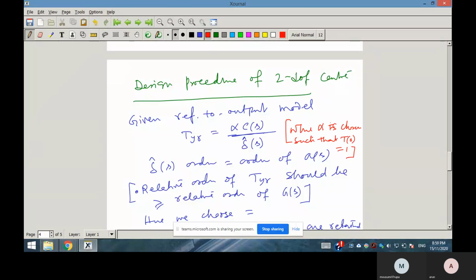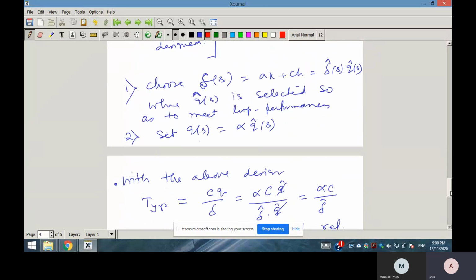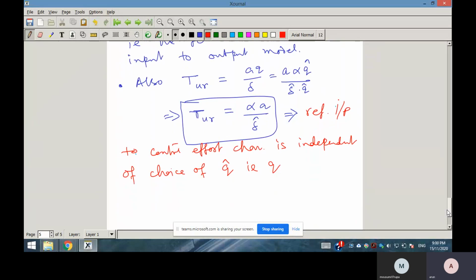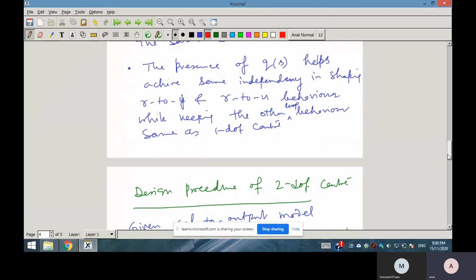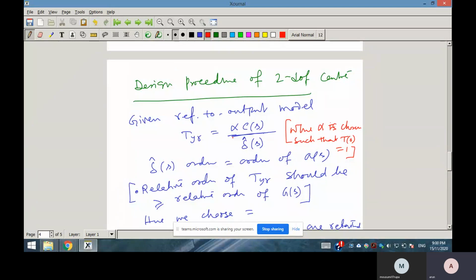That means the steady state tracking error will be 0 if TYR0 equals 1. So alpha into C0 divided by delta hat 0 equals 1. That means alpha should be chosen as delta hat 0 divided by C0. Once alpha you have fixed, your TYR transfer function will be fixed.